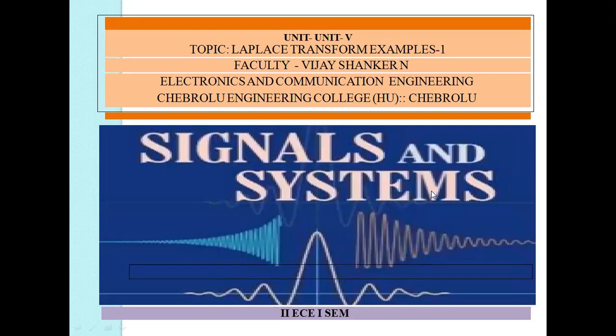What is the Laplace transformation of e power minus at? E power minus at is 1 by s plus a. So 1 by s plus, what is the a here? A is a minus j omega.